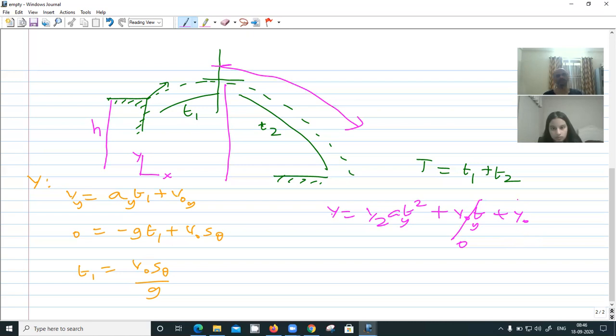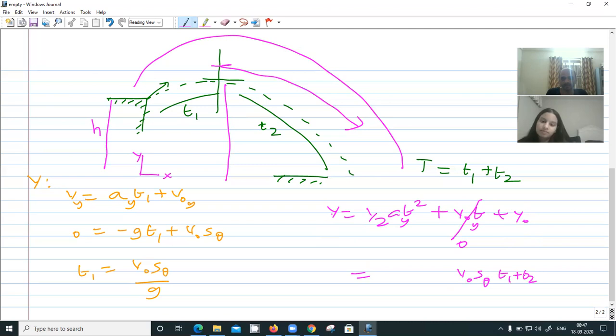Another thing I can do is take this full path. For that full path, the initial velocity is v naught sine theta, the time is t1 plus t2, and y naught is h, and acceleration is minus g.